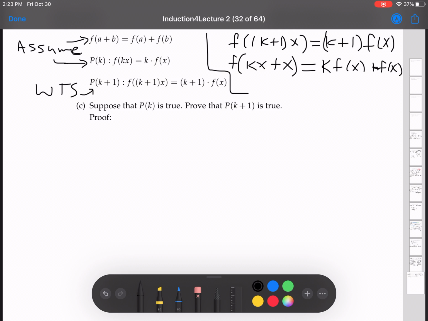So let's see, how could I use these assumptions, right? Well, this first one, it breaks things up, right? So we could break this up right here into kx plus f of x. All right. And so then now we have, let's see, k f of x plus f of x.